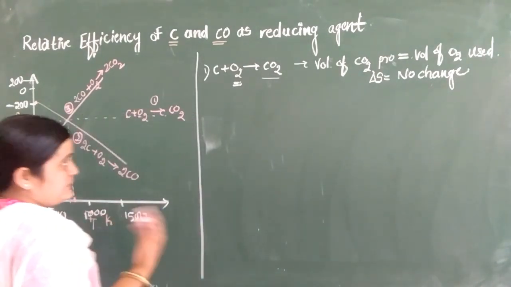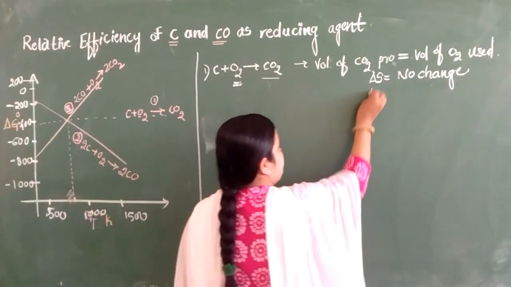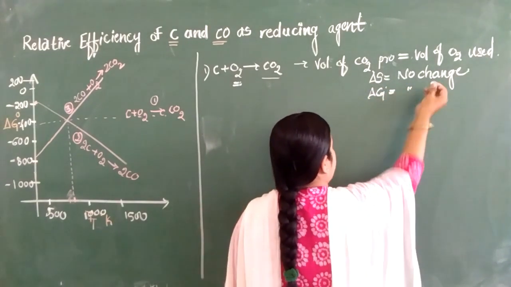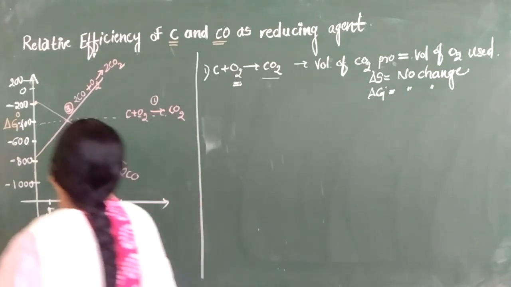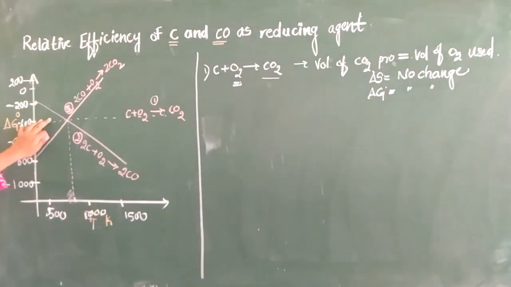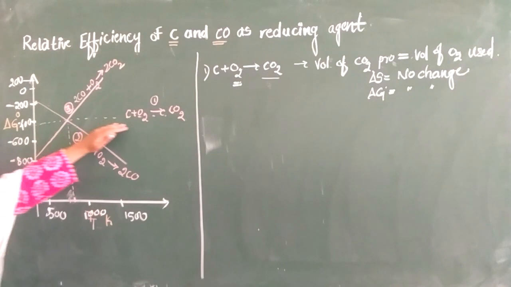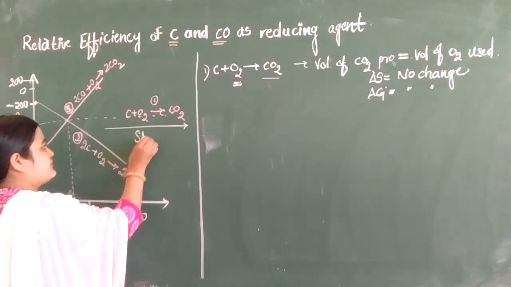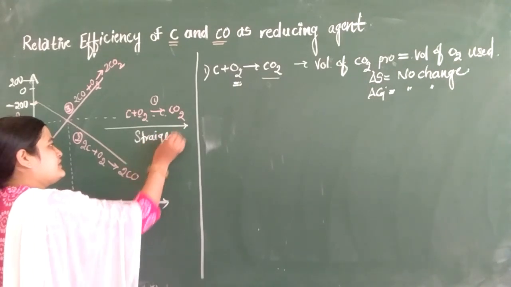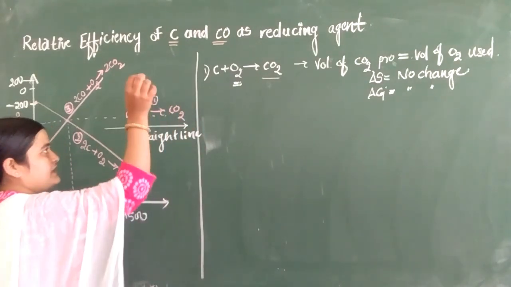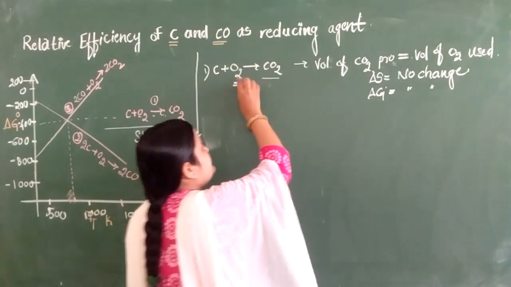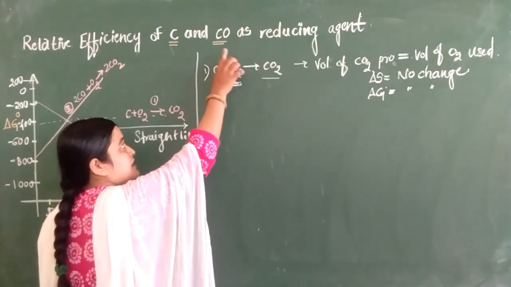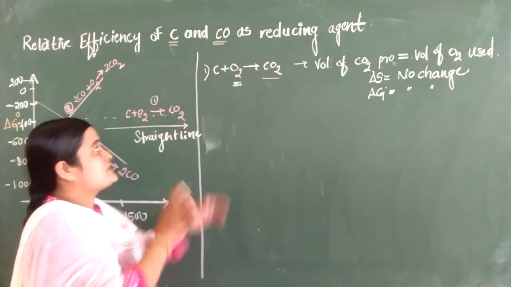So if there is no change in delta S, it means there is no change in the delta G value. Delta G also has no change, and because of that, the graph for our first reaction is nothing but a straight line graph. In the first reaction, carbon and oxygen react, and carbon acts as a reducing agent in the presence of oxygen.